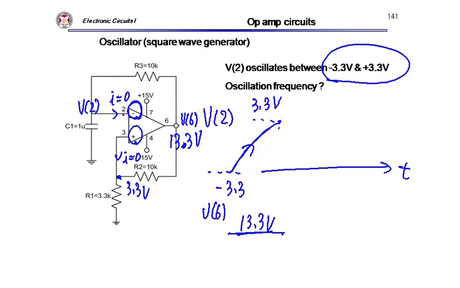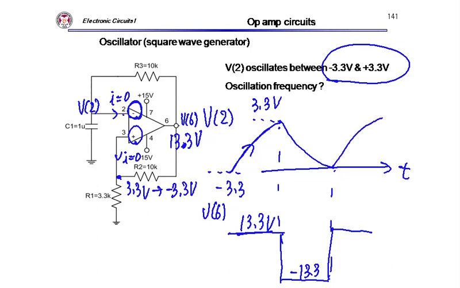Then this V6 suddenly goes to minus 13.3 volt, and this voltage is suddenly changed to minus 3.3 volt, and then this tries to decrease. When it reaches here, the opposite operation occurs, and it keeps on oscillating. Okay. So you can calculate this T1, T2.